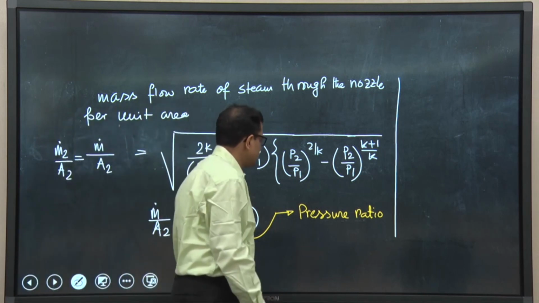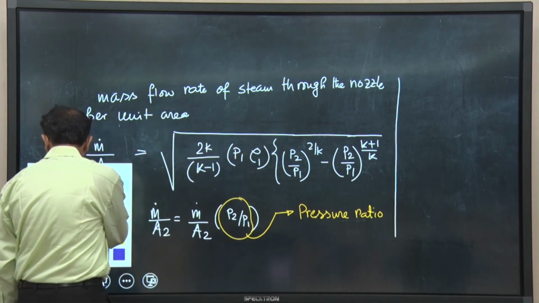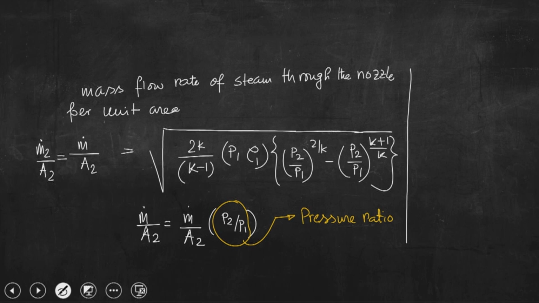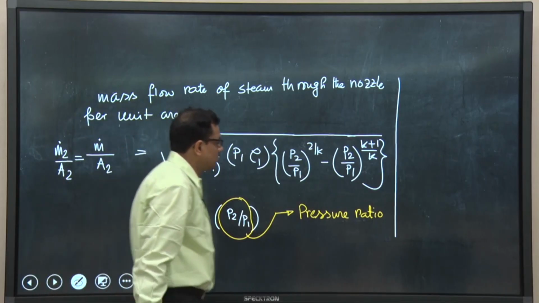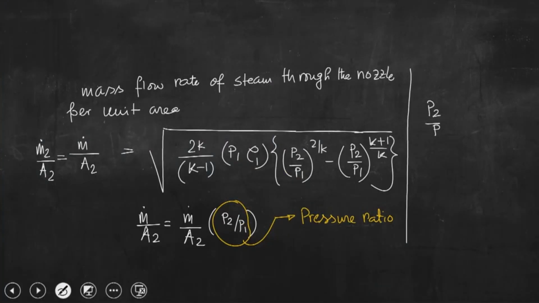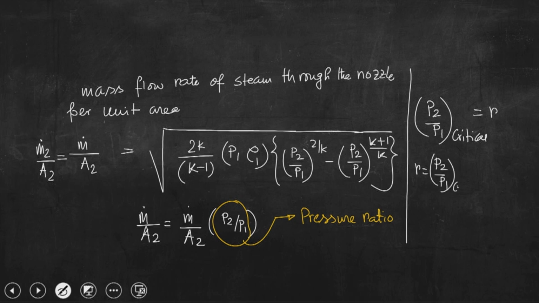By a simple calculation, we could write the expression of P 2 by P 1, the critical value, equal to R, and this R equal to P 2 by P 1 critical equal to 2 upon k plus 1 power k by k minus 1.